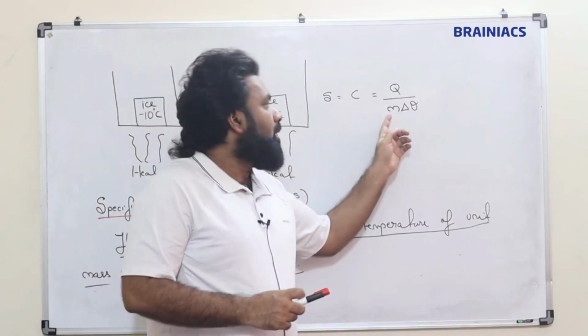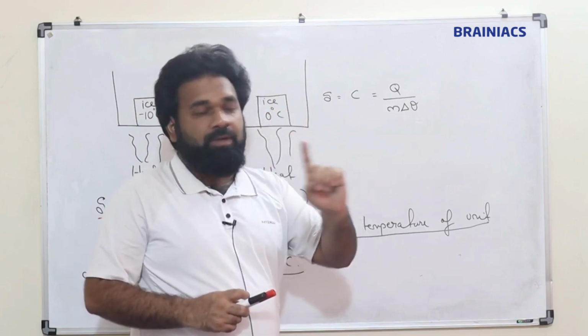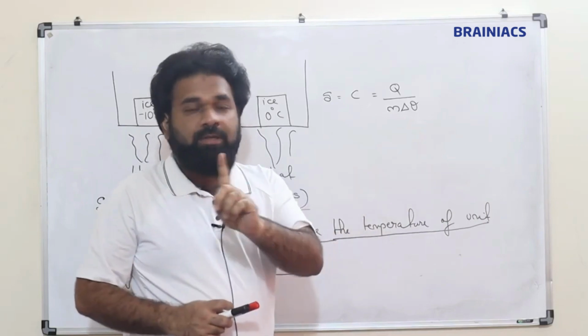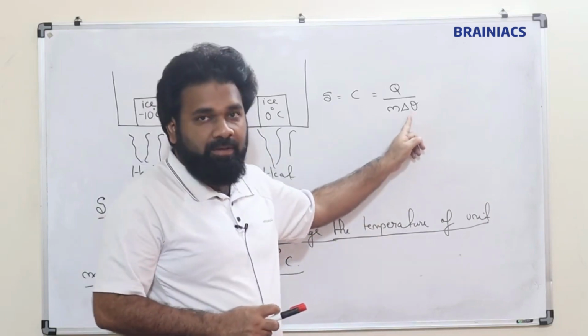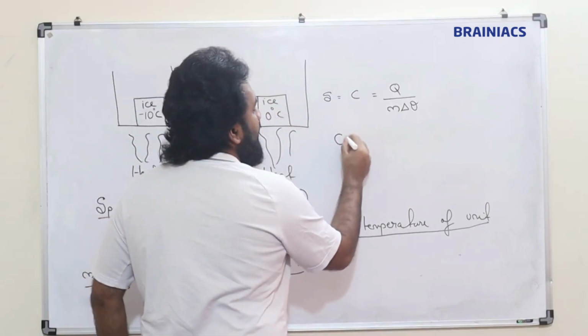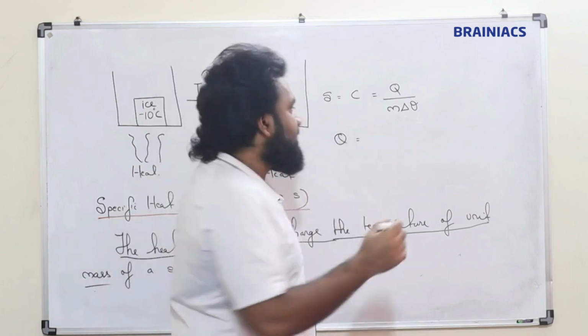Now if the mass is m, in order to find for unit mass we divide by m. In order to find for unit degree change in temperature we divide by delta theta. Now the total heat required for m mass of substance will be what?